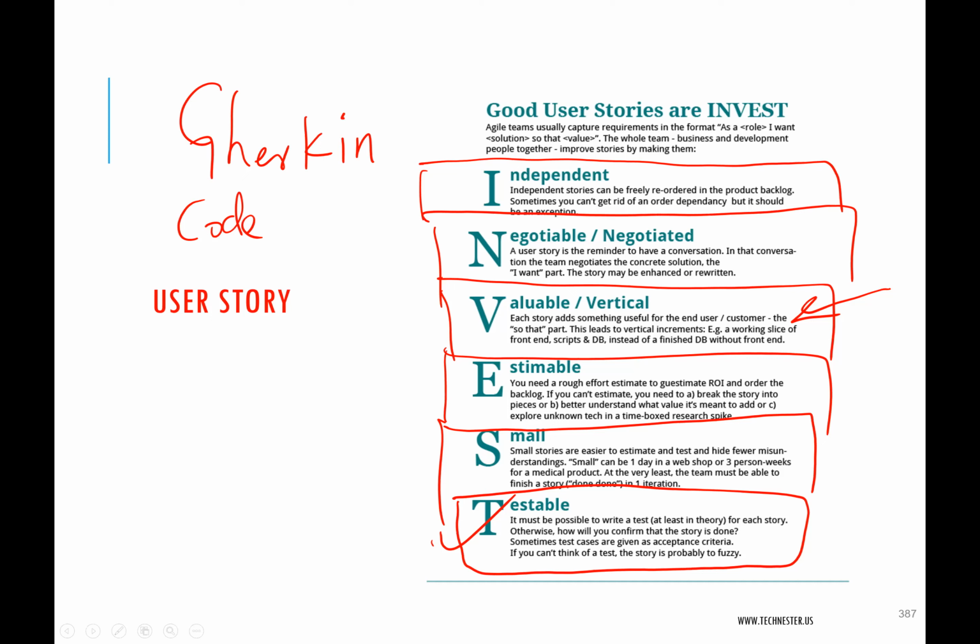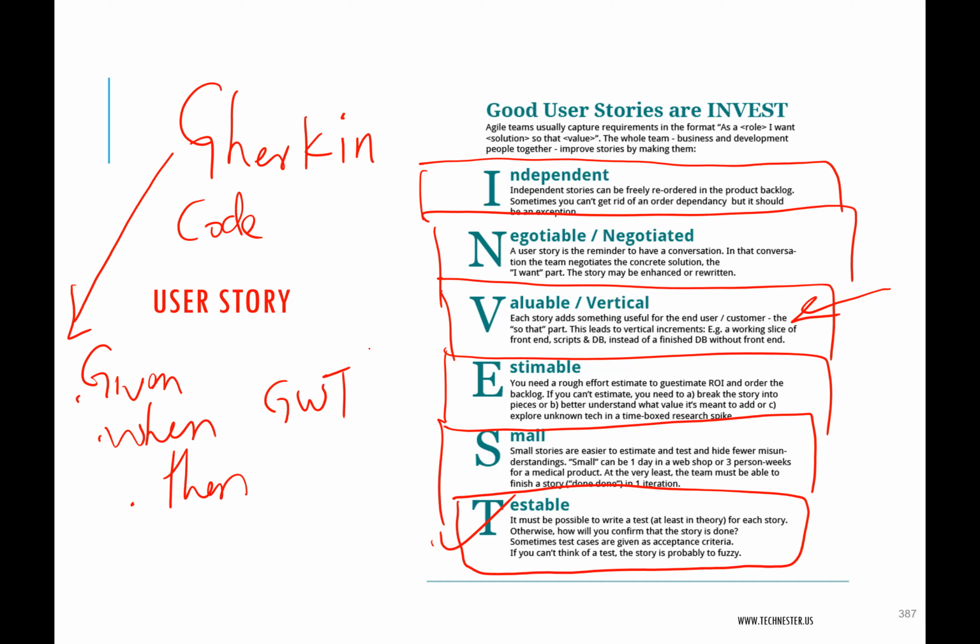So you can use Gherkin to write your acceptance criteria. Some people also call it given, when, then, or the GWT approach to writing acceptance criteria.